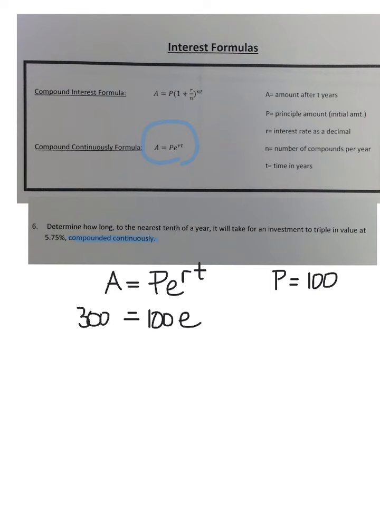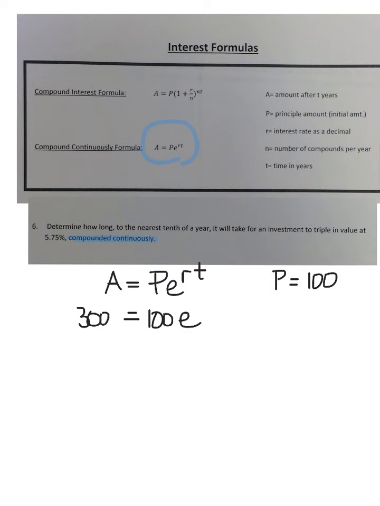So if you guys picked 10 here, then you'd have 30 here. If you picked 7 here, then you'd have 21 here. Either way, when we end up dividing, we're still going to have a 3. So that's why it really doesn't matter what number you pick as that P. So if it's not given, you get to decide what that P is going to be. Just make sure that you triple it in this case.